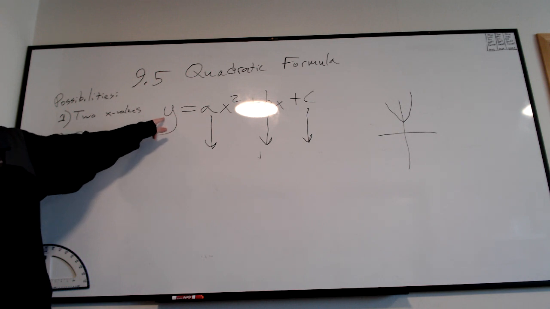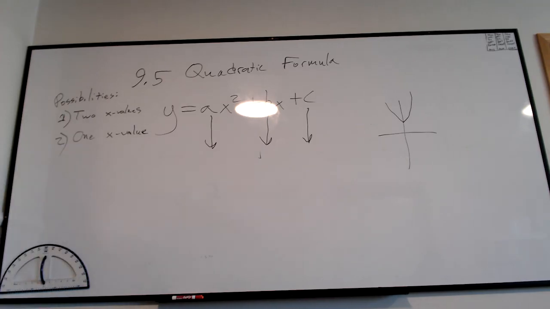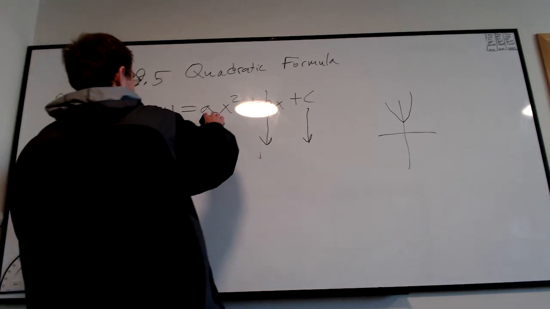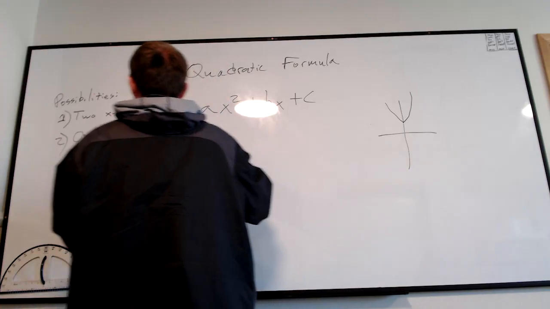Oh. So we're solving for when y equals 0 in this with the quadratic formula. Okay. But yeah, there would be, like you're saying, that would be how it would look. But we're solving for when it crosses the x-axis. Okay.